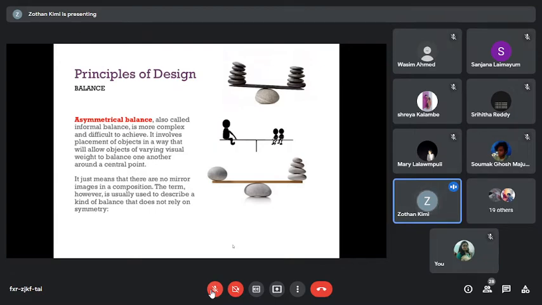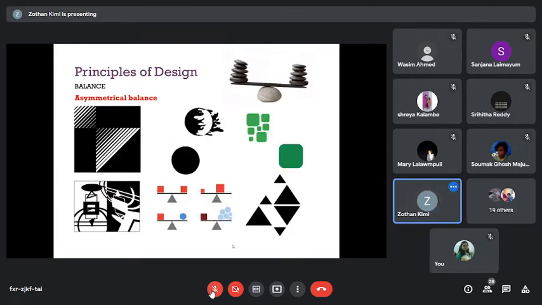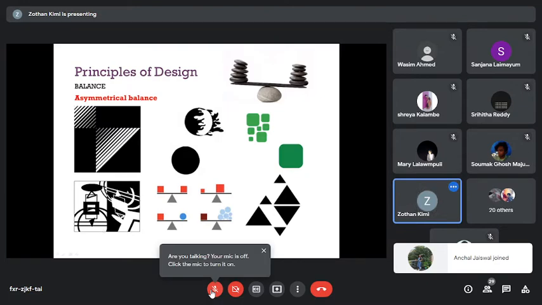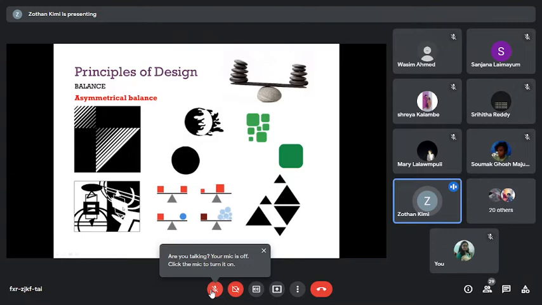All right, so let's look at other pictures. For example, you can see my mouse cursor. Let's look at this image over here on the left bottom corner. Over here, we have a picture which is not symmetrical at all, right?